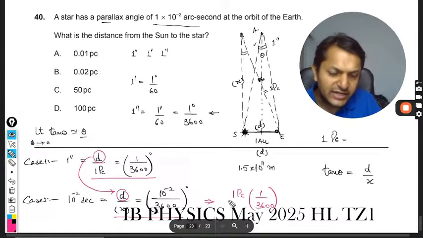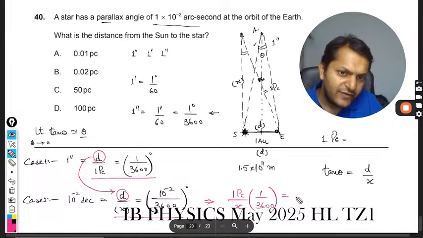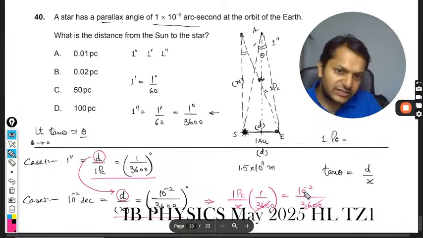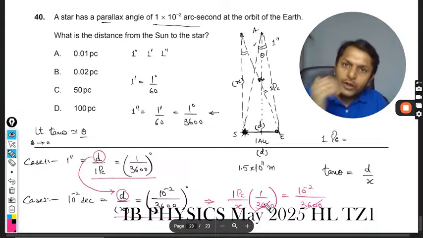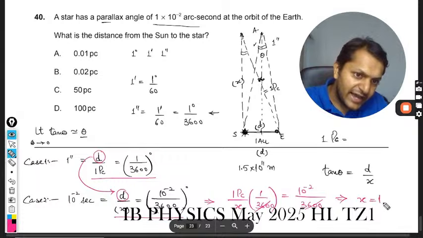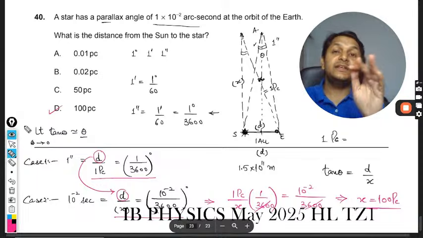This is the value of d, divided by x, will be equal to 10 raised to power negative 2 divided by 3600. 3600 and 3600 get cancelled out. x is going to the other side and this is going to the other side. Then again the reciprocal. Clearly we can solve it, and x is coming out to be equal to 100 pc. So D will be the correct answer.